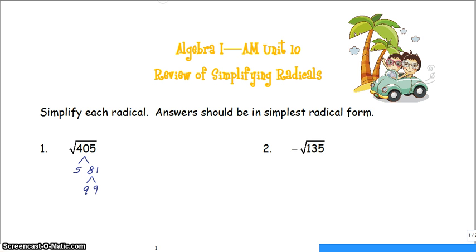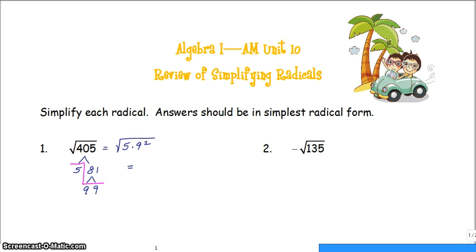And what I'm really looking for inside my factor tree would be pairs of numbers. And I have a pair of 9s, so I don't need to break them down any further. I can then say that another way to represent 405 would be the square root of 5 times 9 squared. Now when I simplify that, I'm looking for pairs of numbers that appear, or perfect squares.